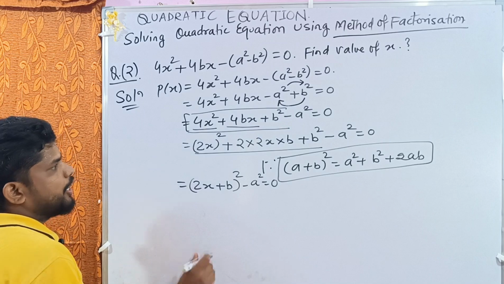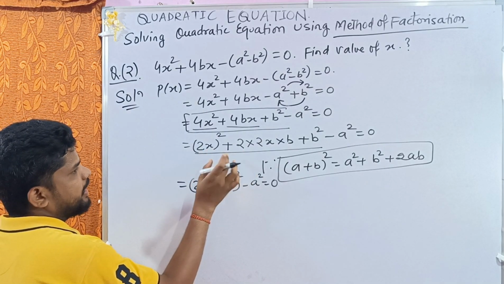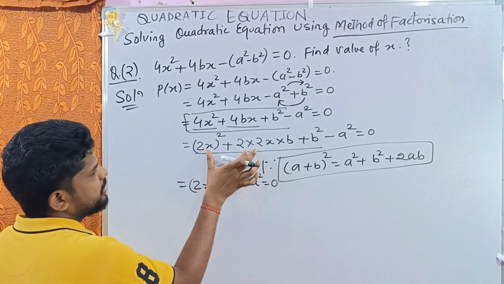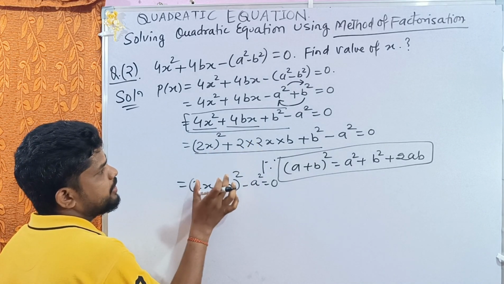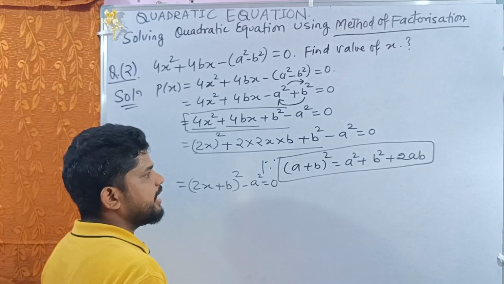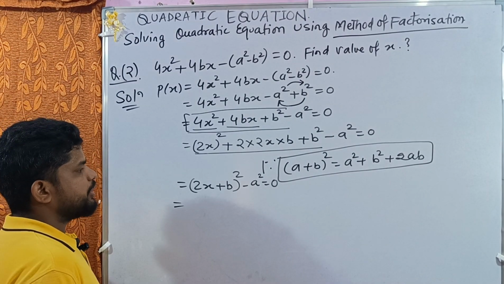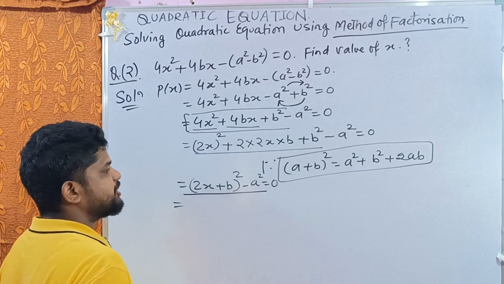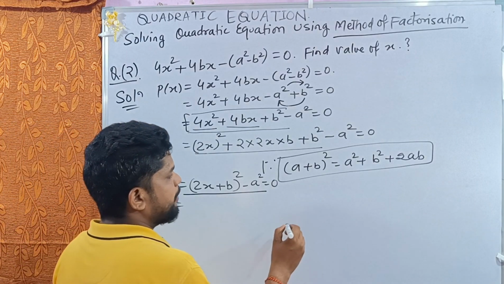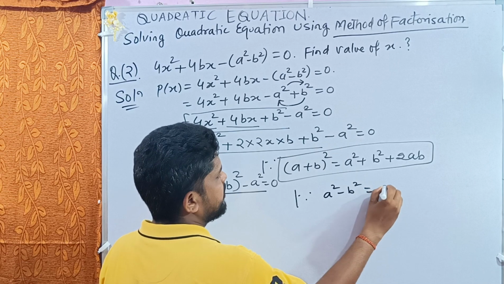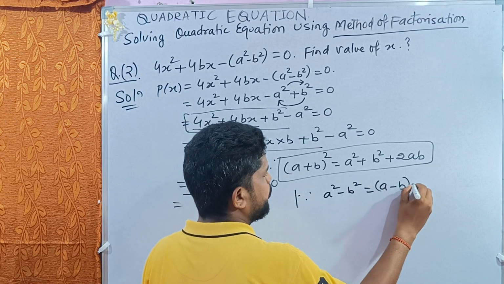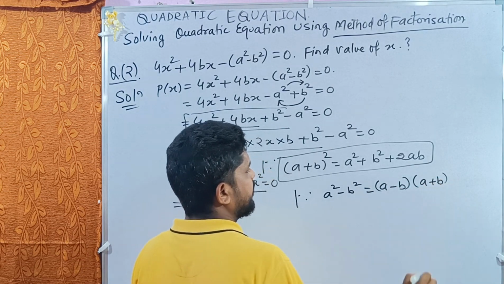Yes or no? Yes. We can write this here. This expression can be rewritten by using this algebraic identity, which is a square minus b square is a minus b whole bracket, a plus b whole bracket.